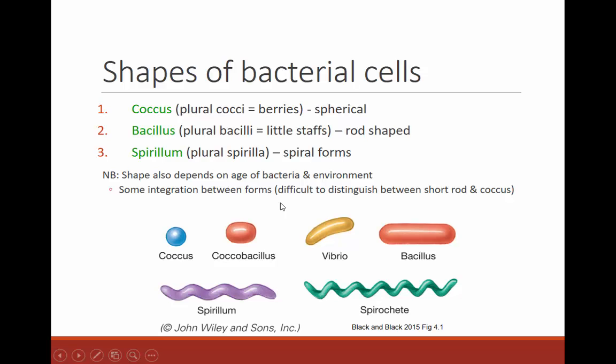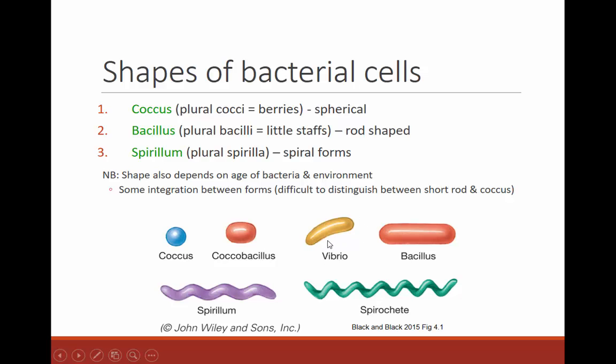And as I said before with E. coli, sometimes if you look at it quickly, you might think that it's a coccus, where in fact it's a very short bacillus. And so then that's known as a coccobacillus. Okay, if it's kind of in between. So we've got the coccus, the bacillus, and a coccobacillus, so that's the intermediate form.